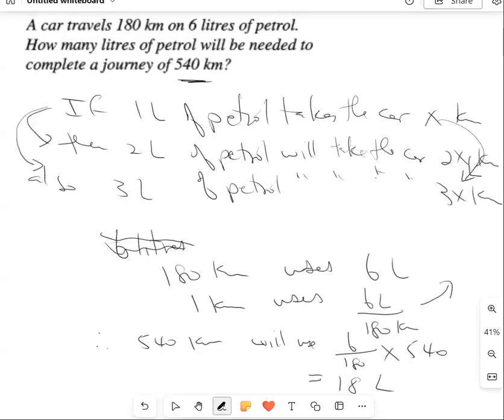And the reasoning then is that if you take this 1 and you multiply it by 540 to get 540, then you should take this 6 over 1 and also multiply it by 540, right? What you do to one side, you do to the other side. Remember? That's the whole idea behind direct proportion.